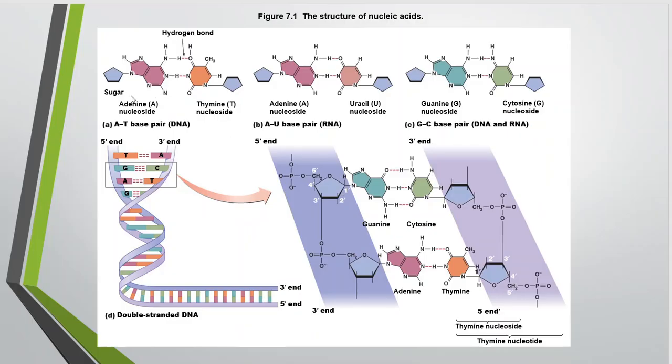So here are some of the other nitrogenous bases. Adenine, thymine, the one that's in DNA as opposed to uracil, the one that's in RNA. Guanine and cytosine. Now these are attracted to each other with hydrogen bonds. Remember, there are partial positive charges on those hydrogens because the atoms that they're sharing electrons with don't share equally.